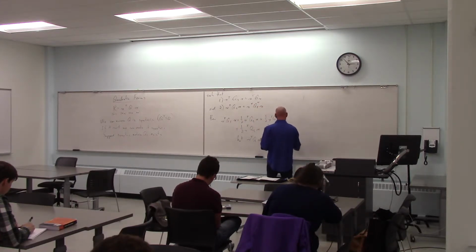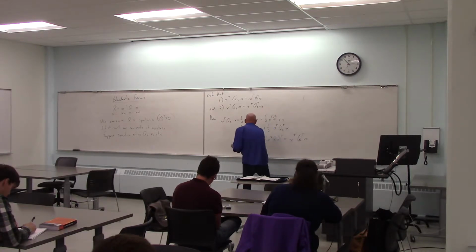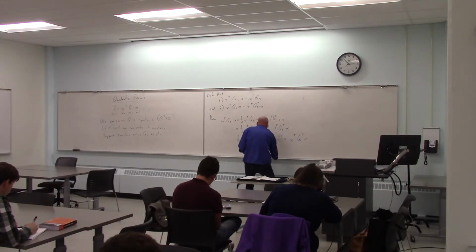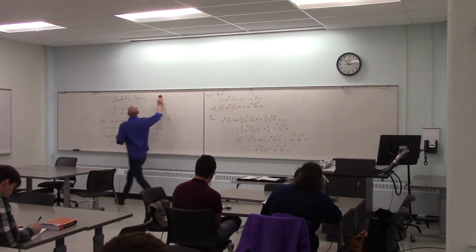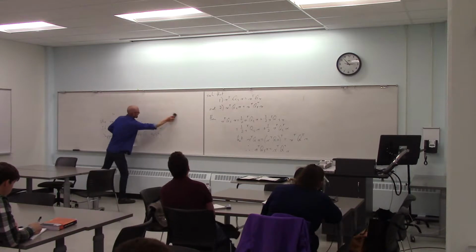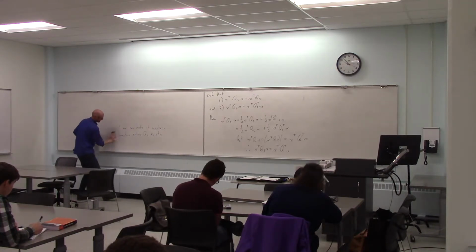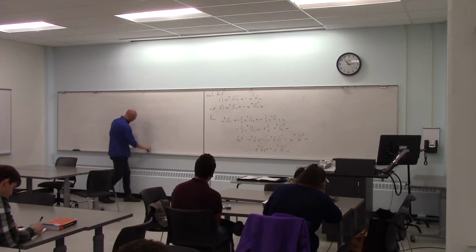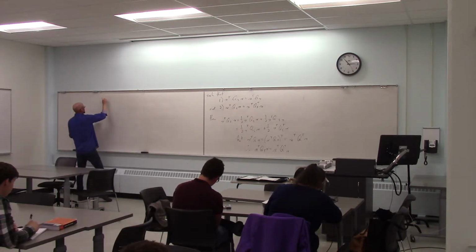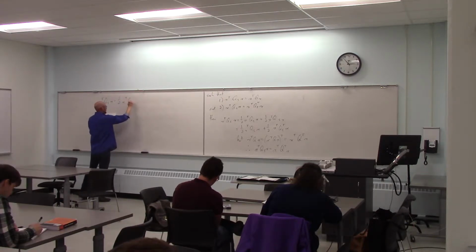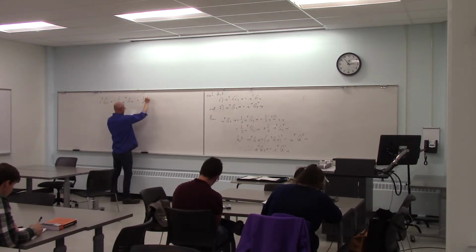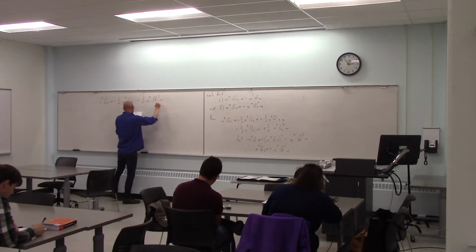So the transpose of a scalar is a scalar. I get x transpose Q transpose x. So x transpose Qs x equals 1/2 x transpose Q x plus 1/2 x transpose Q transpose x.